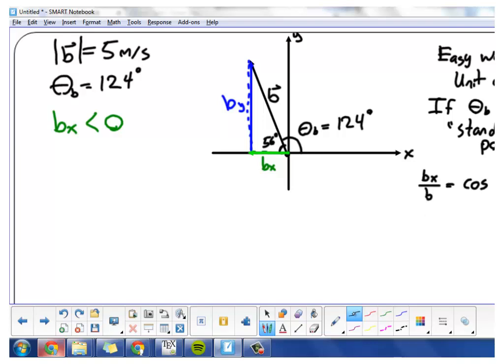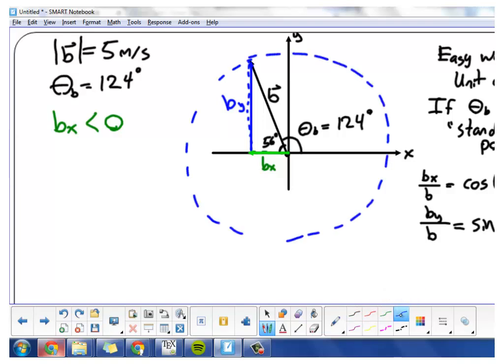Bx over B is equal to cosine of theta, By over B is equal to sine theta. This just comes from the x and y values that you find on the unit circle, defined from different angles theta measured in standard position.